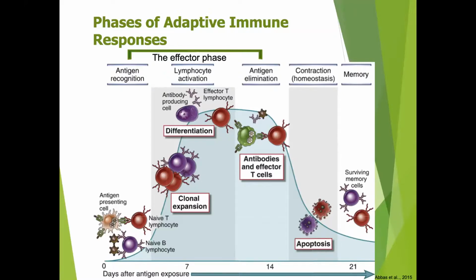And I think it did allude to it in the video where after a certain level of expansion, it does also stop. But eventually, after it detects that the danger is no longer there, it does get switched off and or undergo apoptosis. And this may be aided in some cases by T regulatory cells that Dr. Ahmed mentioned earlier, in addition to other conditions and factors that would affect it.